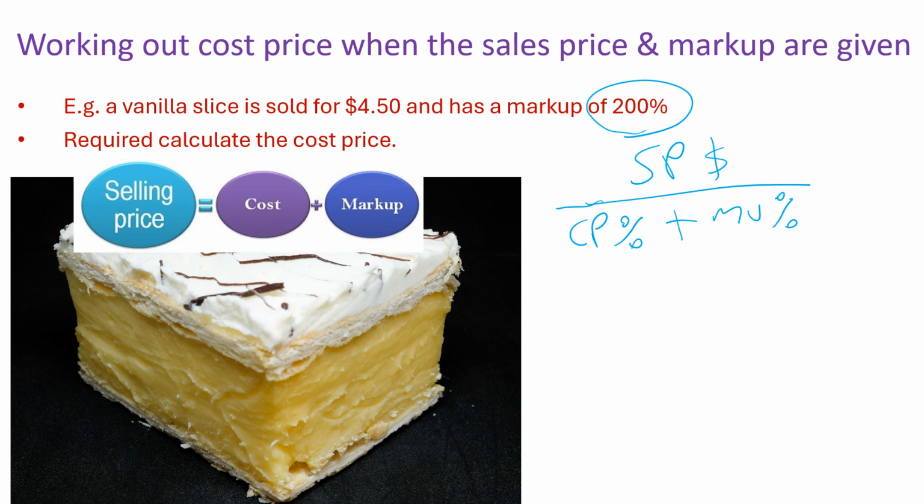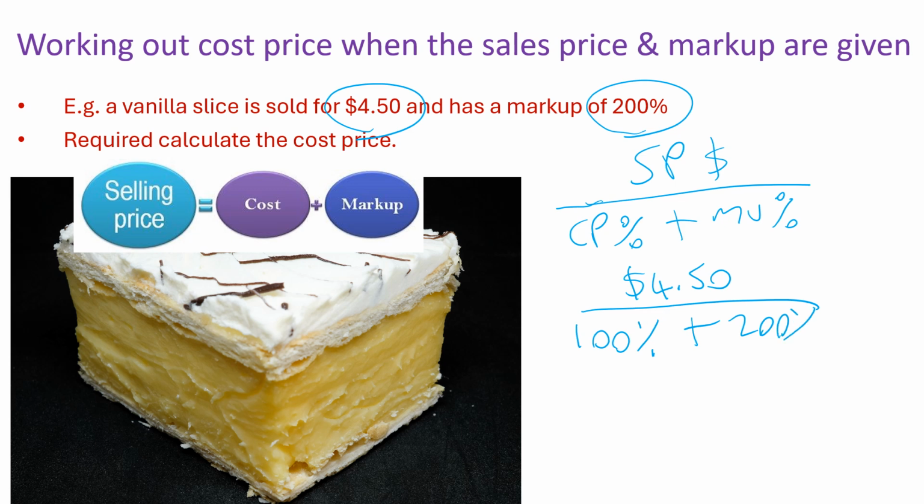So I've got a selling price here of $450. I'm going to divide that by my cost price, 100%. It's always going to be 100%, which is 1. And I add my markup percentage, which is 200%. If I add these two together, I get 300%.